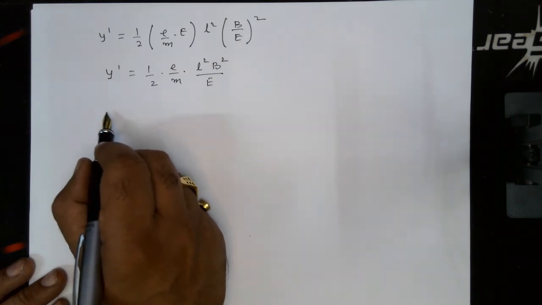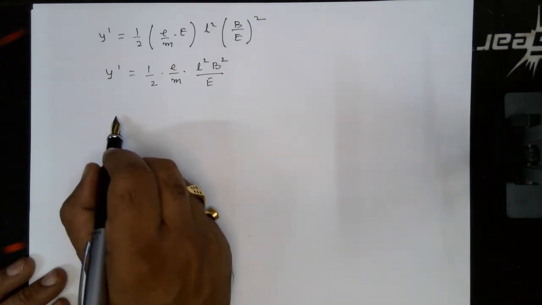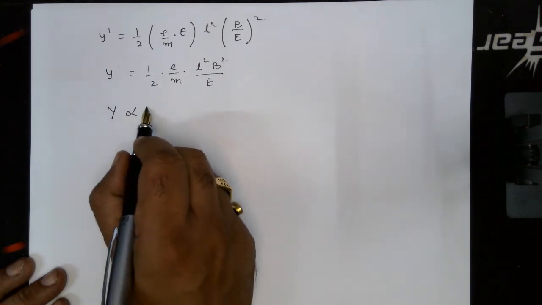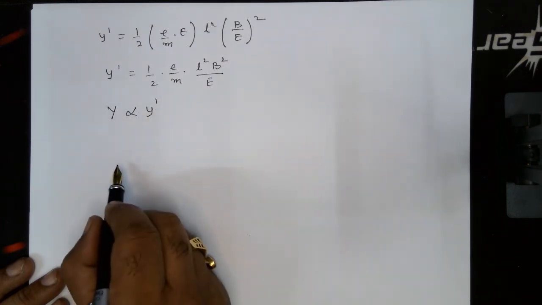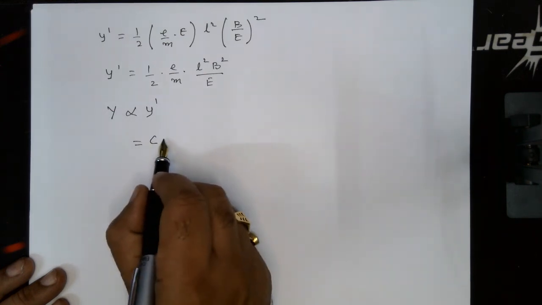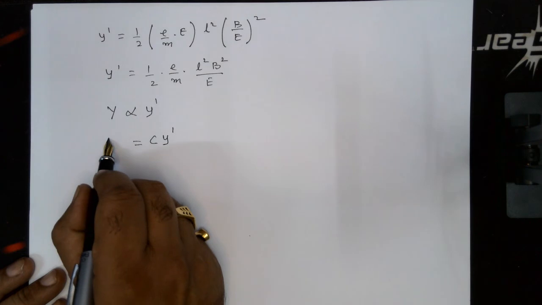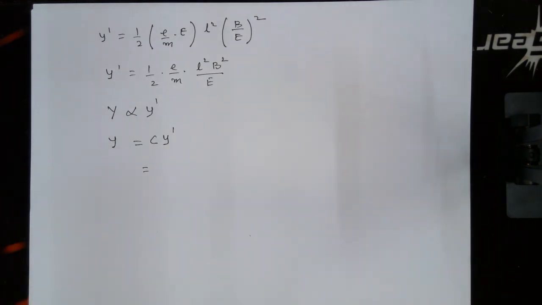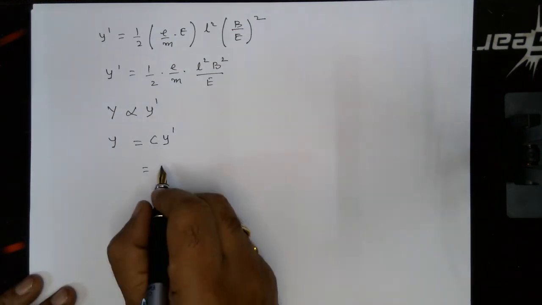In fact, the deflection y on the screen is proportional to y dash. So we can introduce the proportionality constant C. So y is equal to C y dash. Now we can substitute the value of y dash.